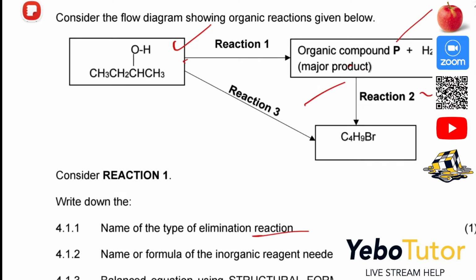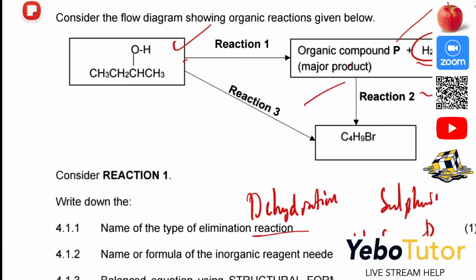So from alcohol to compound P and water, guys, this is straightforward. This is our dehydration, for the fact that we are producing water there, which means we are dehydrating it, okay? Name or formula of the inorganic reagent needed. Definitely we will need H2SO4, which we all know as sulfuric acid.